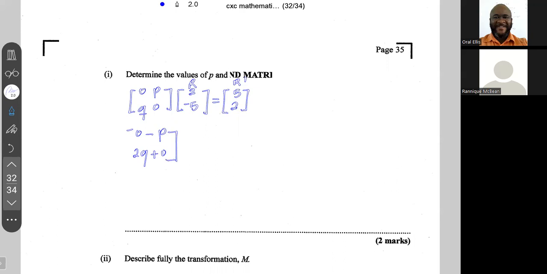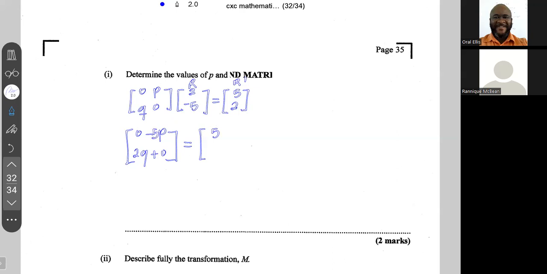And this is equal to 5. All right, let's just double check. Oh, this should be minus 5p.